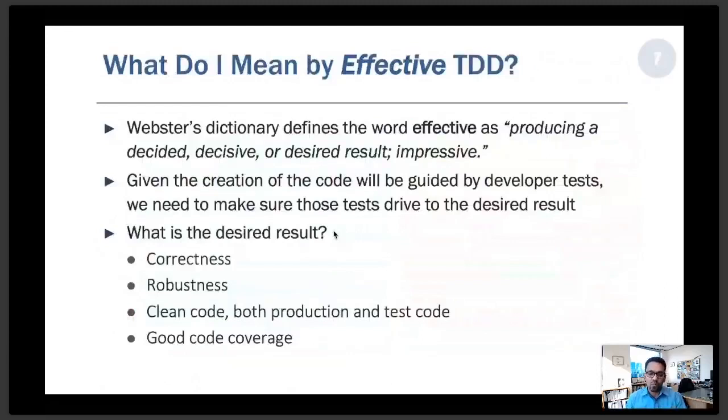So as you can see here, the definition of effective is producing a decisive or desired result, something impressive. So we need to have a conversation about what we want out of this process during the construction.